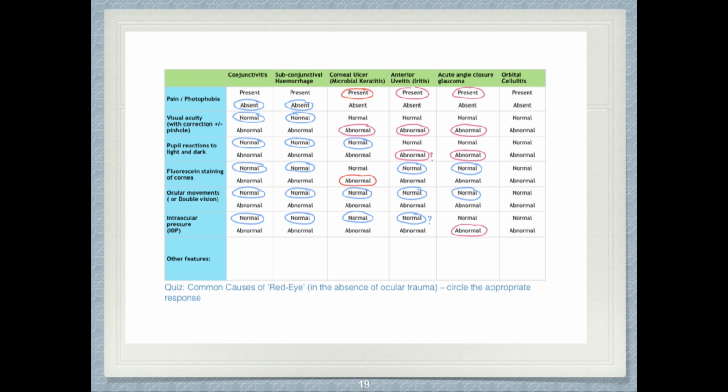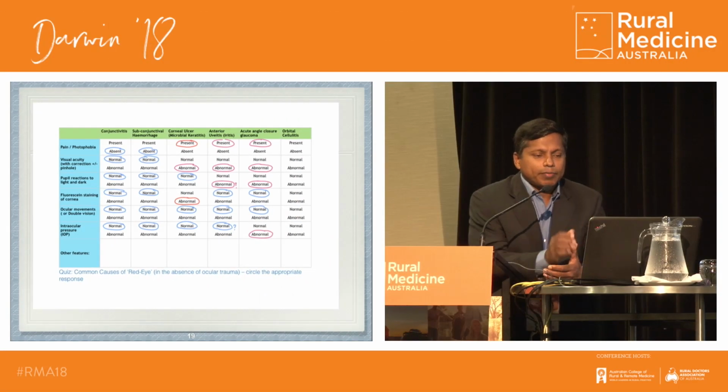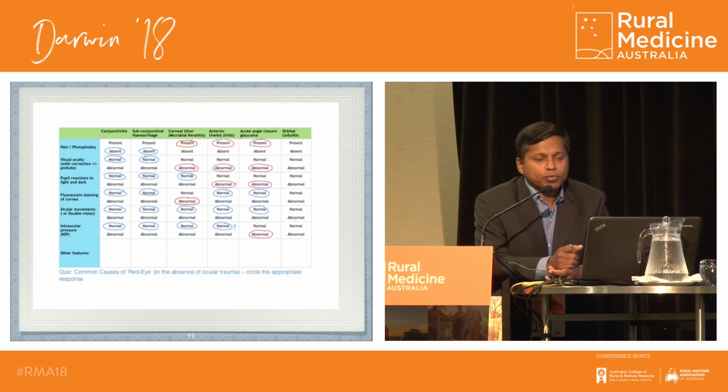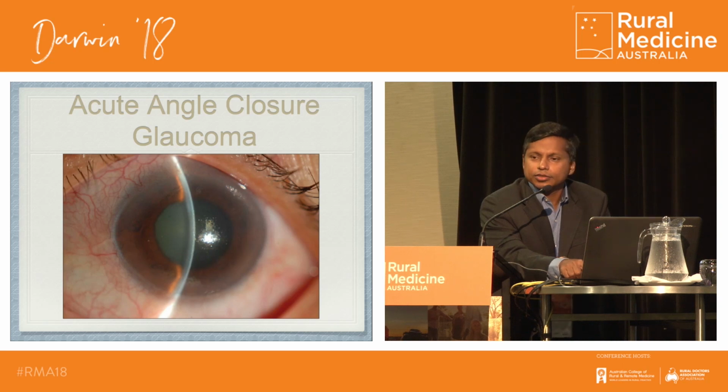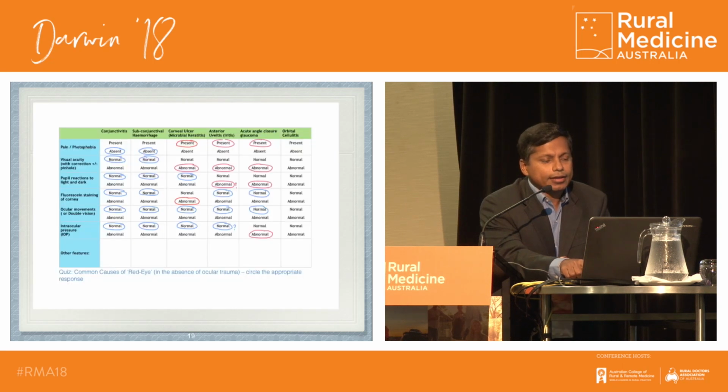Okay, so let's compare the lists. So in acute angle closure attack, there will be pain and photophobia, and we will expect the visual acuity to be reduced, and the pupil reactions would be abnormal because it's stuck in that sort of semi-dilated situation. Okay, and fluorescein staining, we wouldn't expect any ulceration in that situation, so it will be normal, and ocular movements would be normal. But if you have access to measuring the intraocular pressure, that obviously will be elevated.